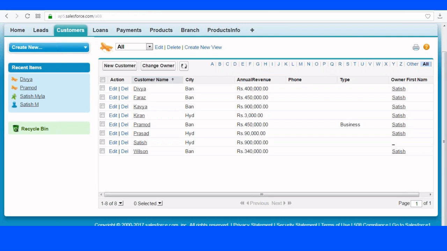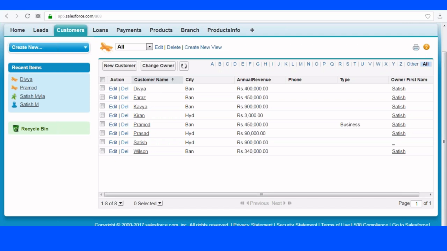Criteria based: I give a condition. If a record meets the condition, all those records are shared with the role and subordinate, public group. Owner based: records owned by this role are shared with the given role and subordinate, public group.